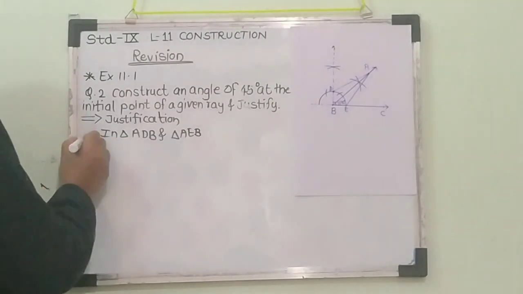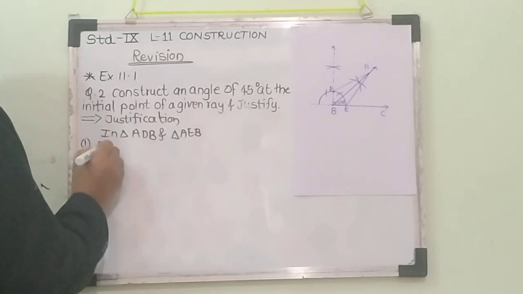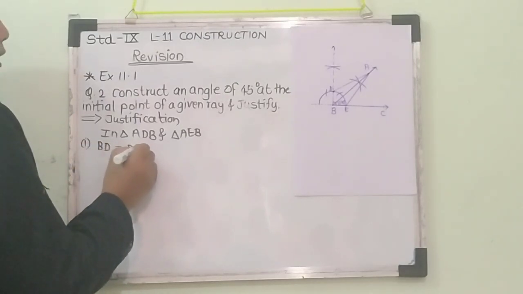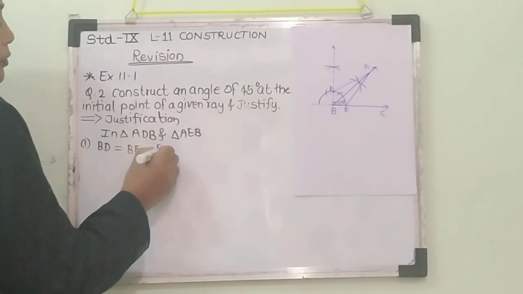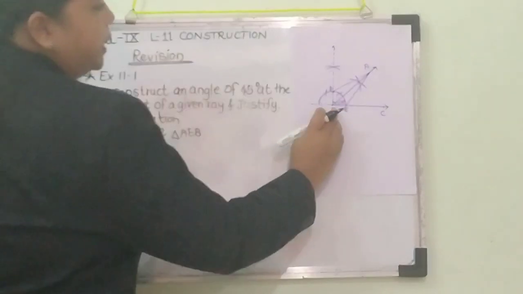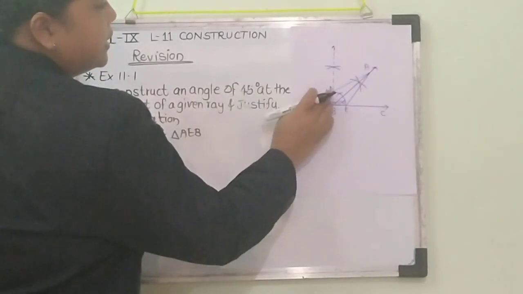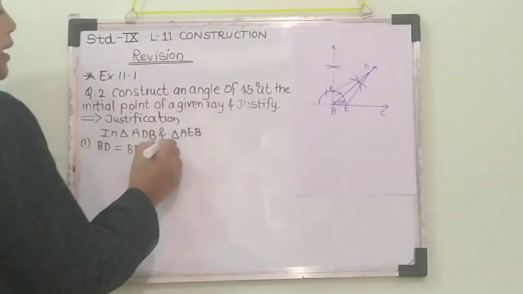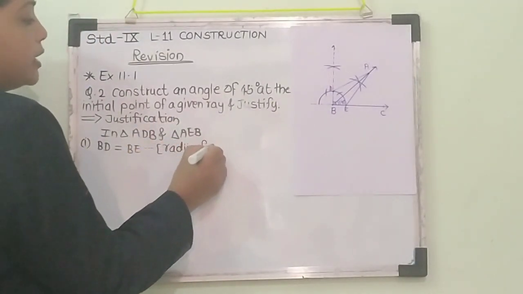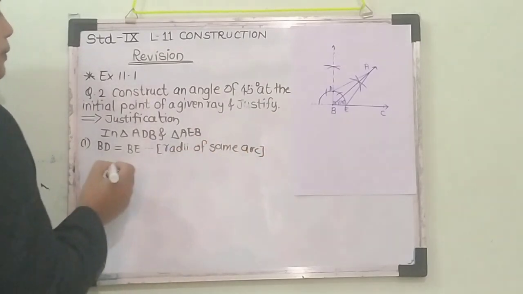First we can write that BD equals BE, that is, BE equals BD. So we can say that the radii of the same arc, reason.